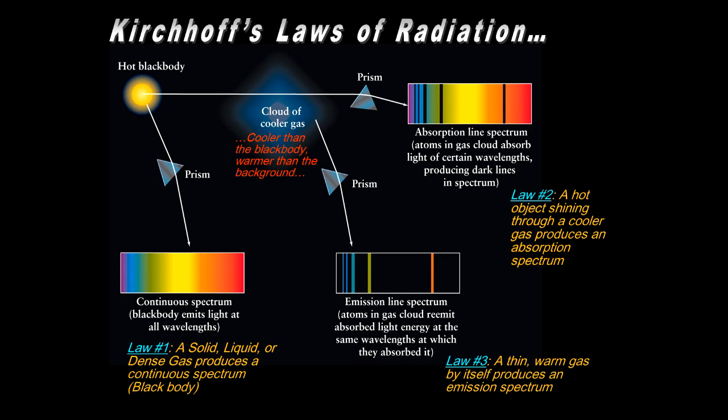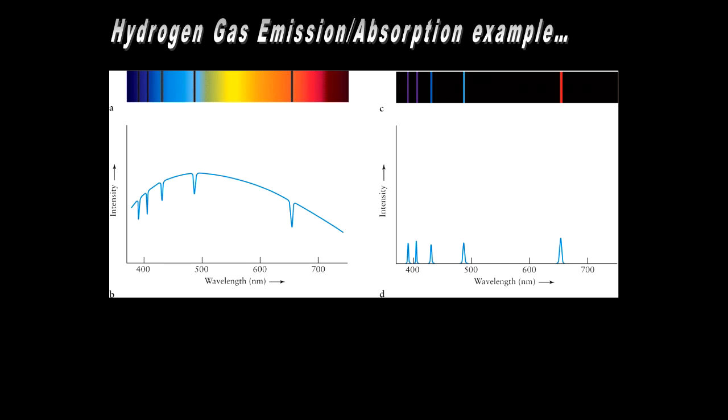So there it is, and we'll look at an example and then a little bit more as to why in the world this happens. What's going on at the atomic level? So here's the example, hydrogen gas, and we're showing emission and absorption. Hydrogen gas, again, is the most prevalent atom and molecule in the universe. In the first picture, we see an absorption spectrum.